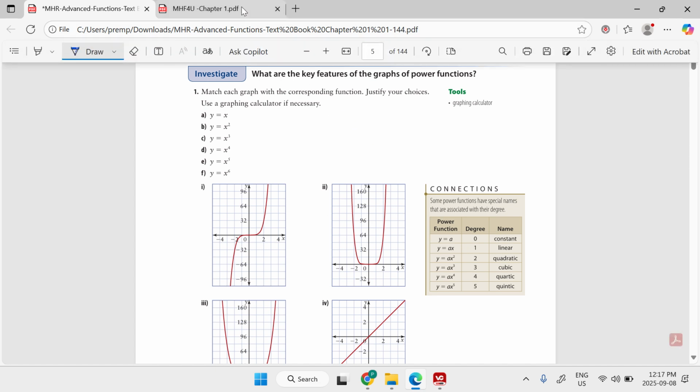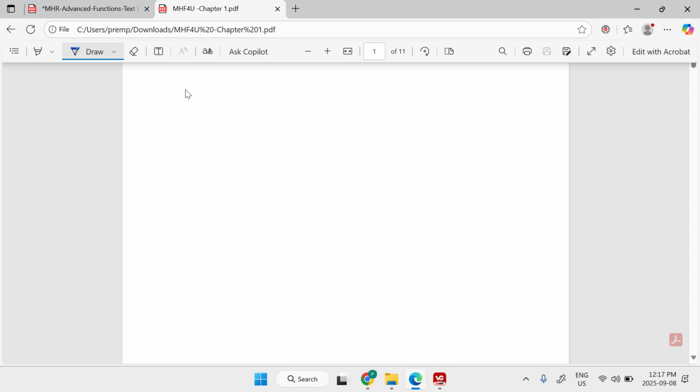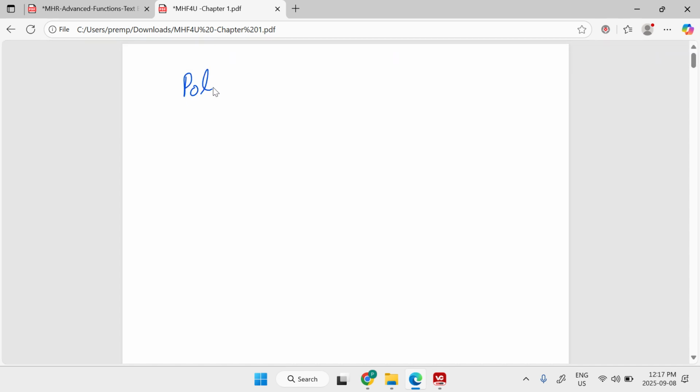So I will write here for you. For a polynomial function, we can figure out how the graph should look. Let us take example number 1. Here the degree is even and the leading coefficient is positive.